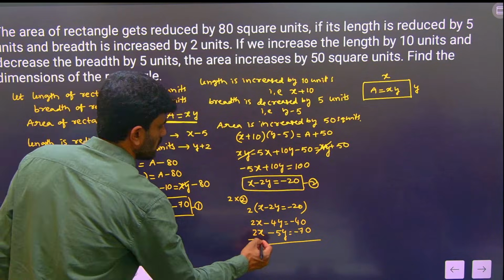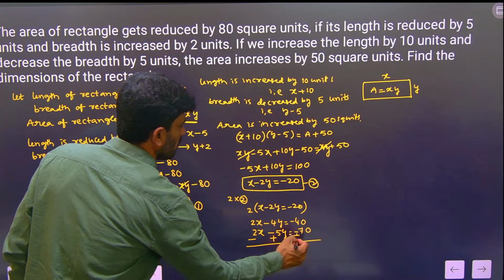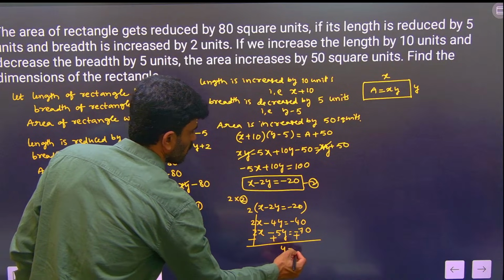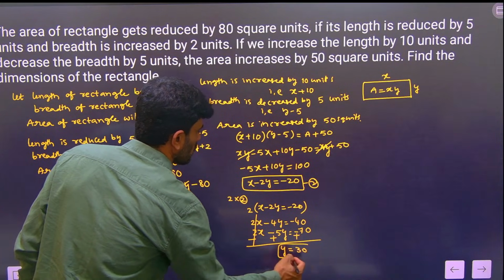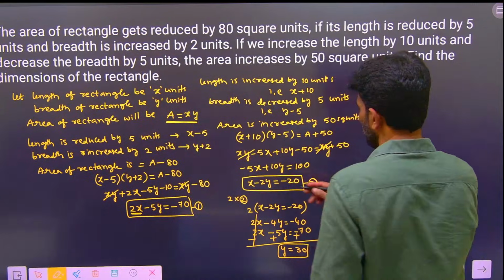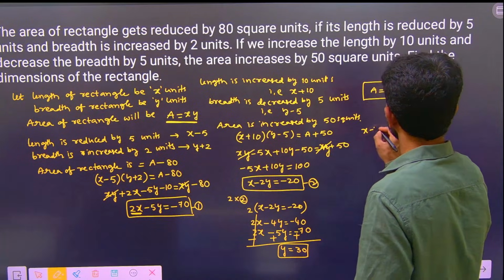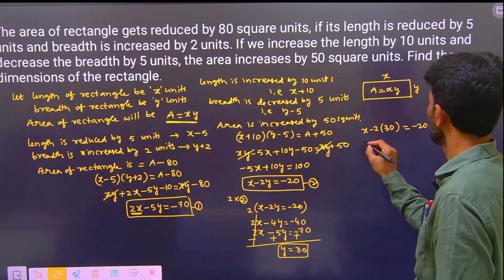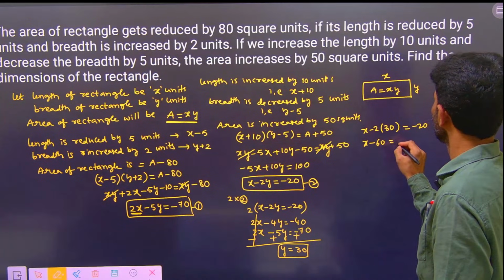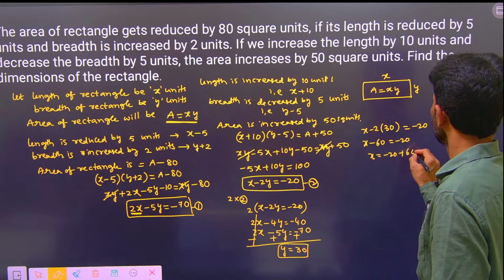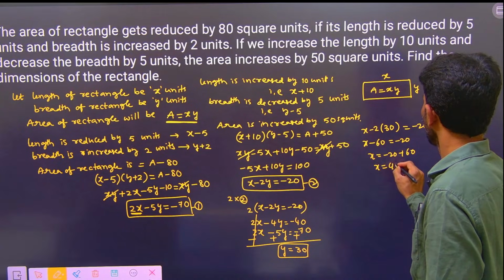Now minus, plus, plus: these two will get cancelled. This is y. y is equal to 30. Substitute the y value here: x minus 2 into 30 is equal to minus 20. x minus 60 is equal to minus 20. x is equal to minus 20 plus 60. x is equal to 40.